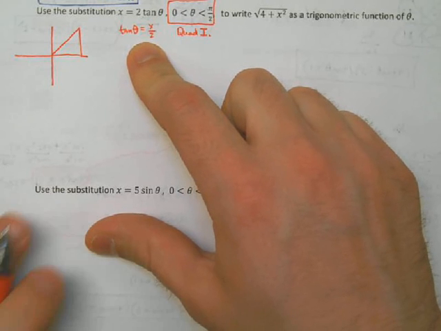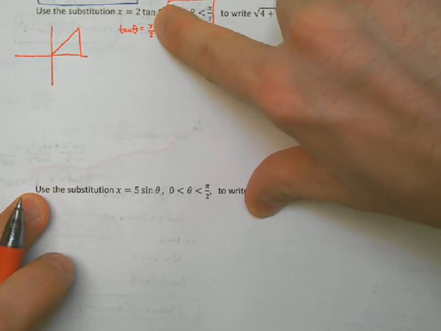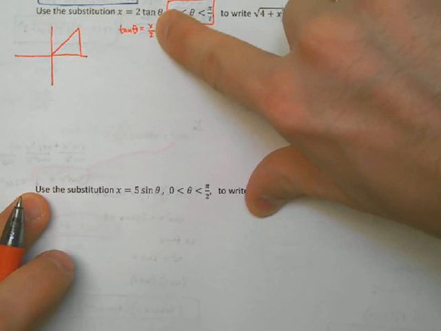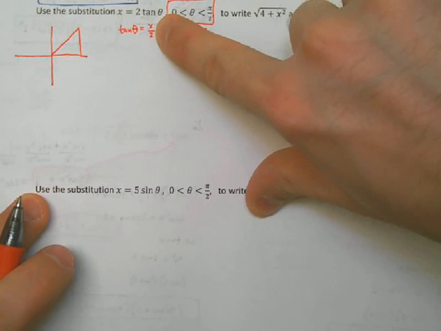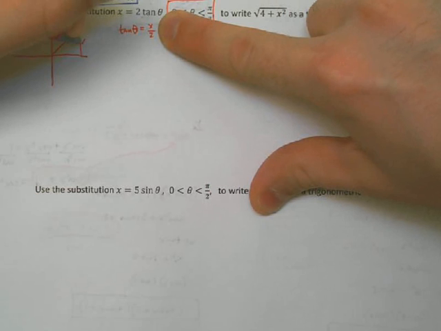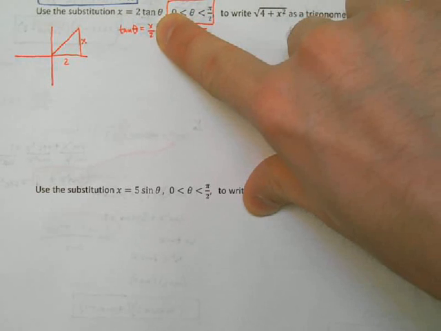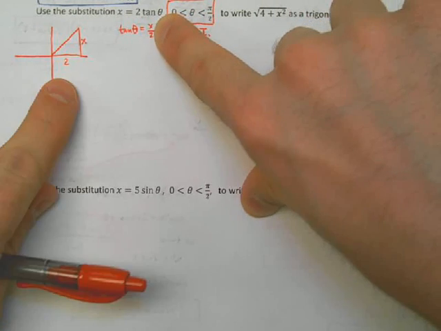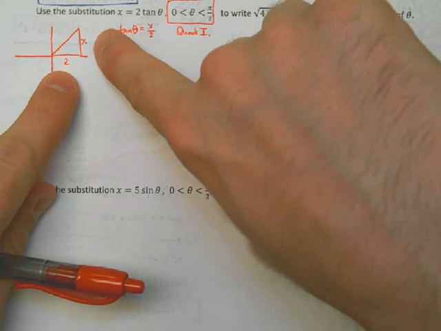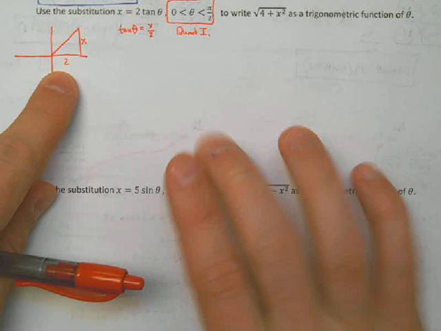Now if I multiply both sides here by the square root of 4 plus x squared, I see that on the right side they cancel out. On the left side I get the square root of 4 plus x squared times the cosine of theta. But this is what I want to get by itself. I want to write this as a function of theta. So far I have the square root of 4 plus x squared, times cosine theta, is equal to 2.